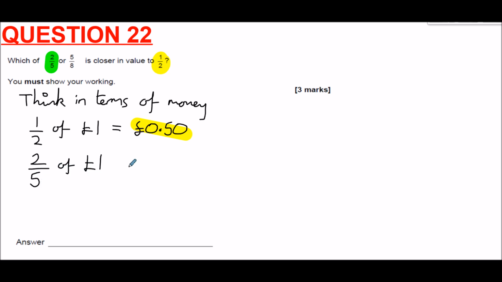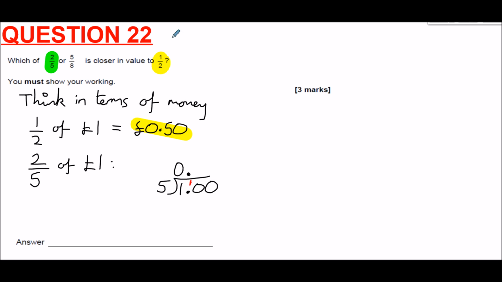First of all, we can find 1/5. So 1/5 of a pound is £1 divided by 5. So how many fives would fit into £1? Make sure the decimals line up top and bottom. 5s into 1 doesn't go, and so the remainder first of all is 1.